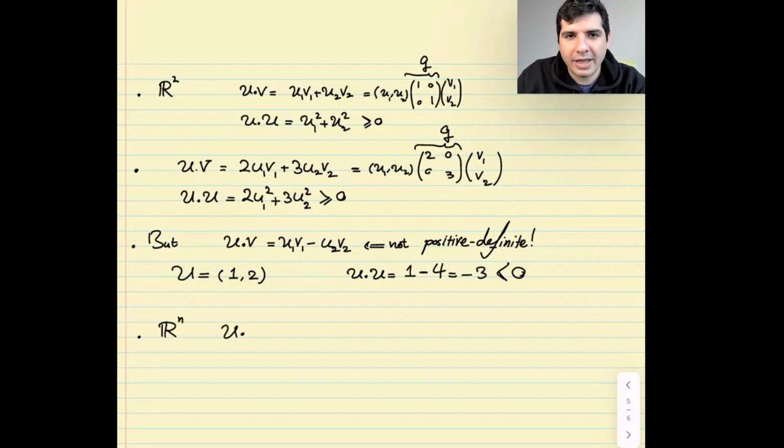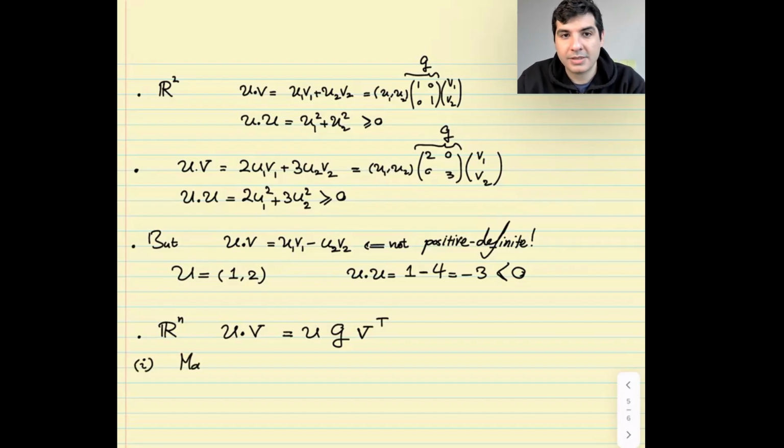So in fact, in R^n, the non-standard inner products can be given by the vector u times the matrix G times v transpose, matrix multiplication of these. Being an inner product implies this product should be positive definite. It implies the matrix G should be positive definite.